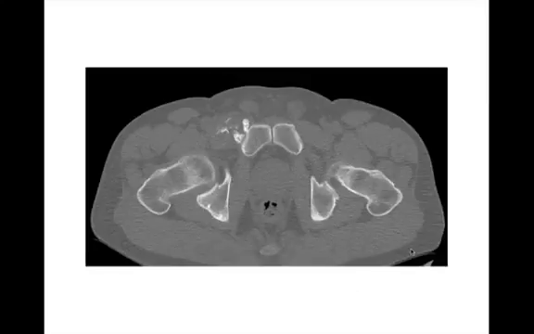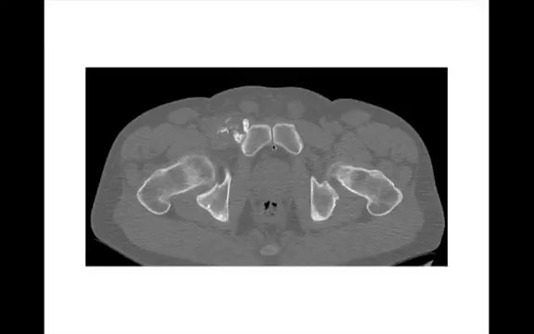So next case, we have axial non-contrast CT through the pelvis. You can see here's the lesion right here. The lesion is actually arising from the pubic symphysis, and there's an associated soft tissue component and some faint, probably chondroid matrix within the soft tissue component.